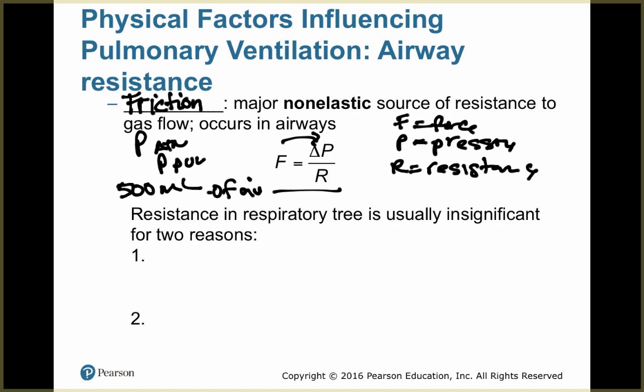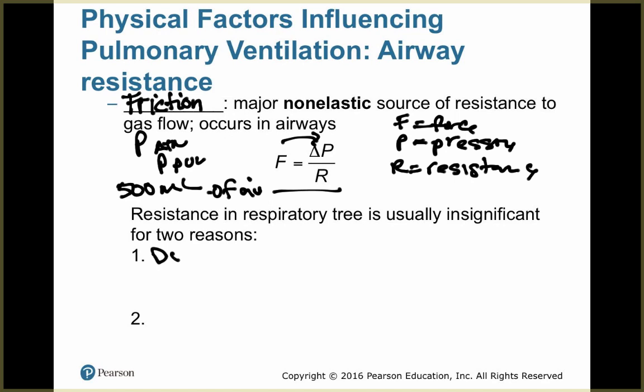And so gas flow changes inversely with resistance, right? So the less resistance, the more gas flow; if you have a lot of resistance, you're going to have less gas flow, right? So resistance in the respiratory tree is usually insignificant for two reasons, though.